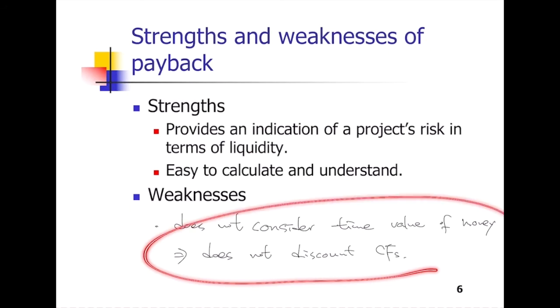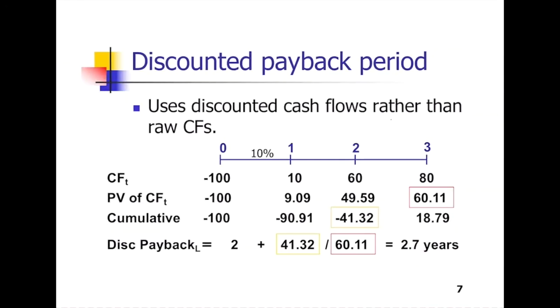To solve this problem, the payback period uses discounted cash flows. So we call that the discounted payback period method. As you can see, there is one more piece of information, the discount rate, right?